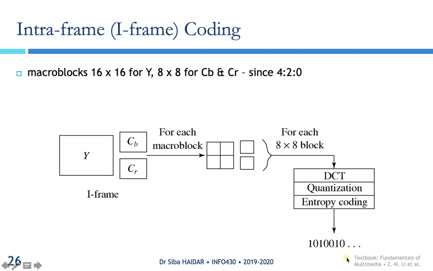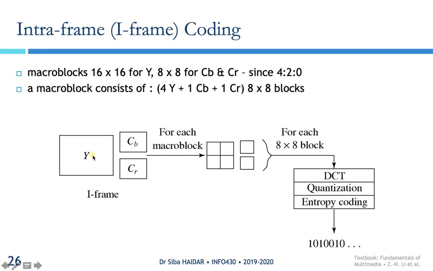So you take the macro blocks, 16x16 for the Y, but 8x8 for the CB and CR channels, since you have chroma subsampling. A macro block consists of 4 8x8 Y blocks, 1 8x8 CB block, and 1 8x8 CR block.